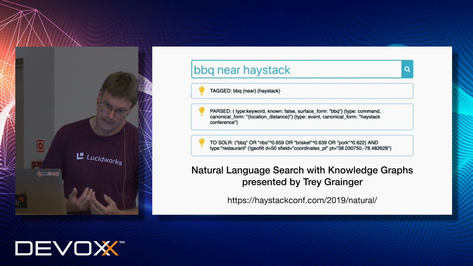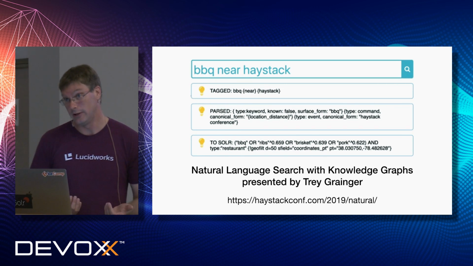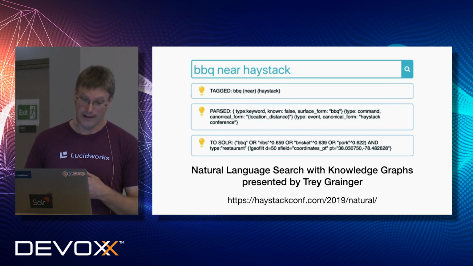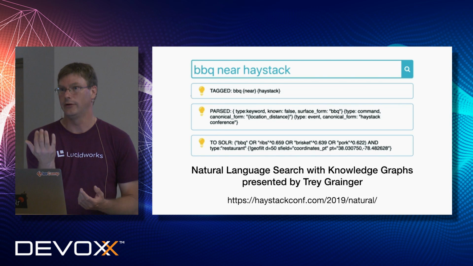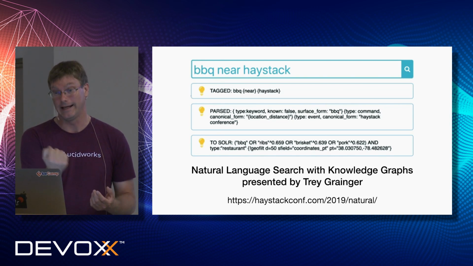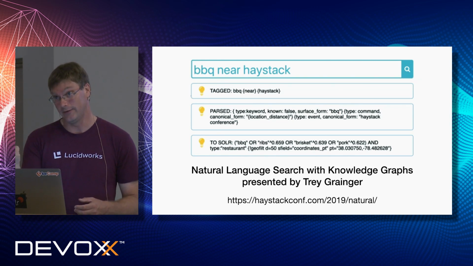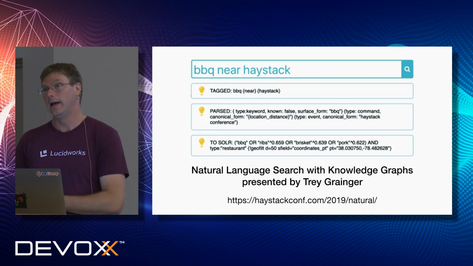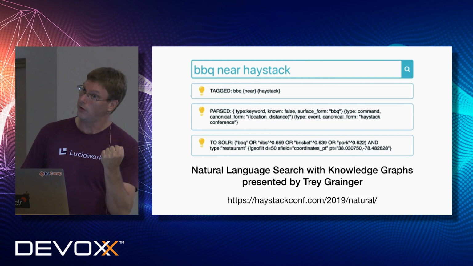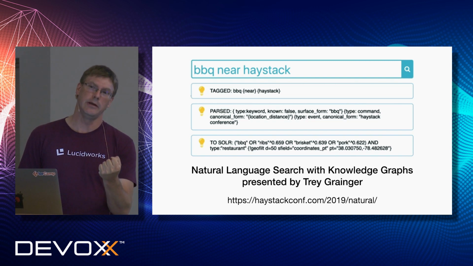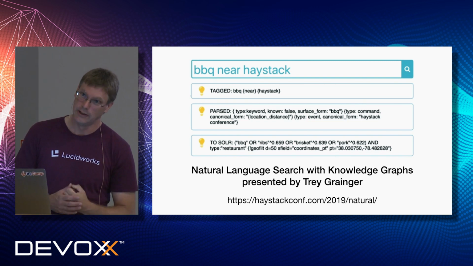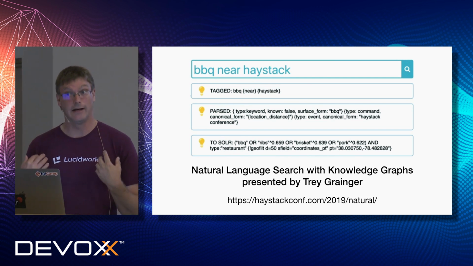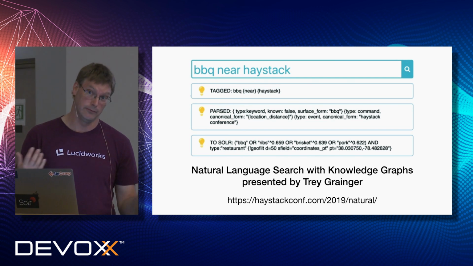So when someone utters BBQ near Haystack, it tags. He's got near as an operator, and that's a tag itself. He's got Haystack as a tag. Those get pulled out. Now we know a location, and we know BBQ, although BBQ itself may not be rich enough to get the full suite of things that I actually intended to find when I'm looking for barbecue.